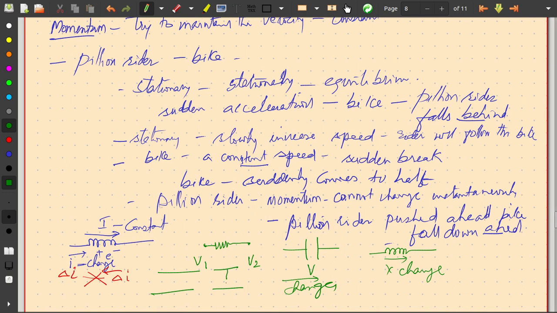Instead, if you use them in shunt, then if you use a capacitance in shunt, it bypasses changes. That means constants are forwarded. If you use an inductor across the output, then it will not allow variations, so all variations will be forwarded. So this is the basic concept of the filtering action.